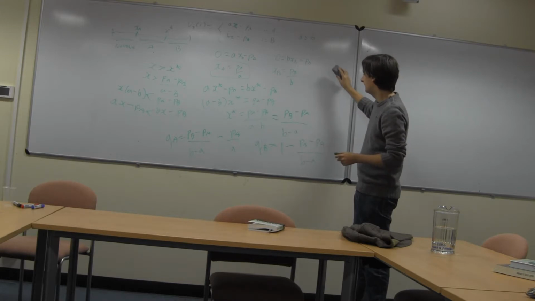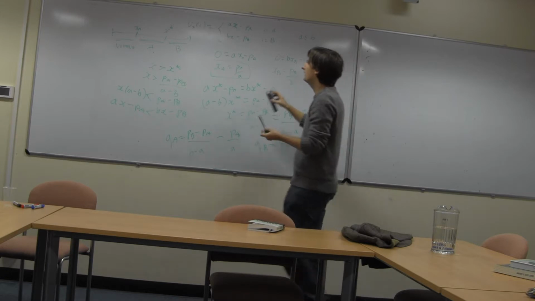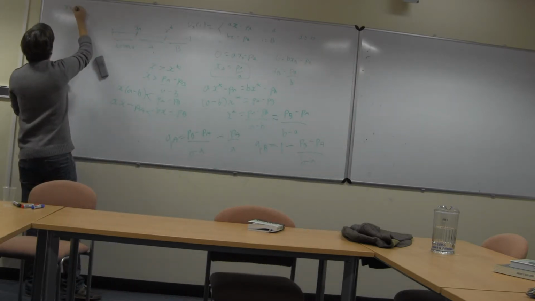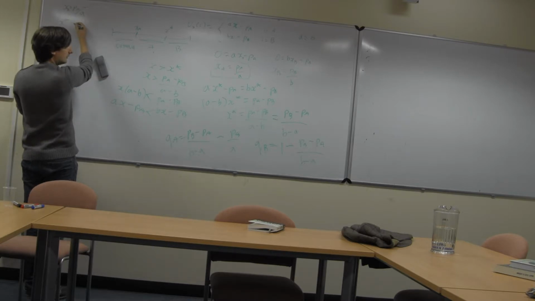Okay, so I'll keep the word of it. But xa is PA over A, and x star was PB over (B minus A).